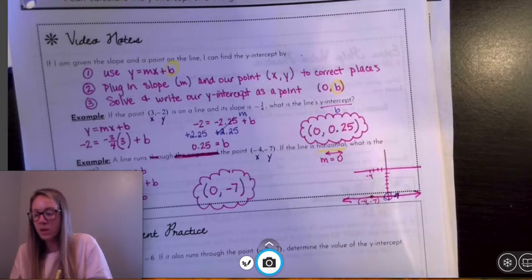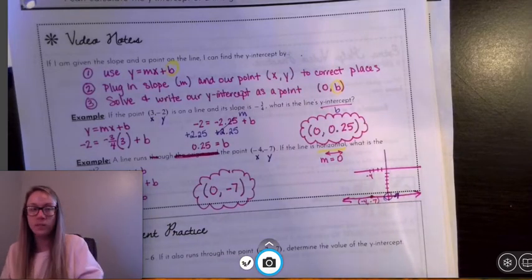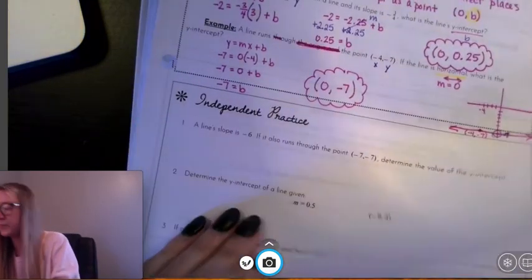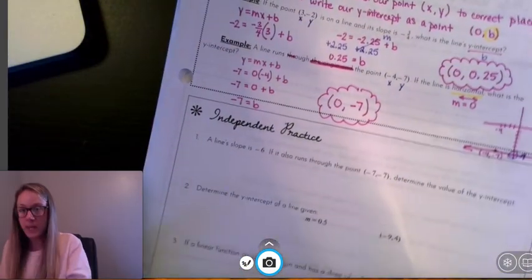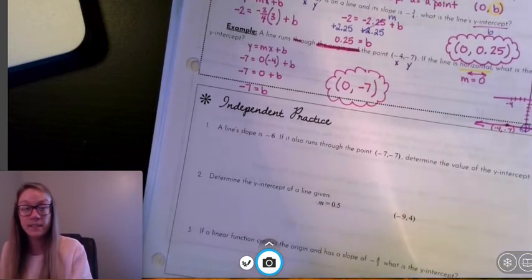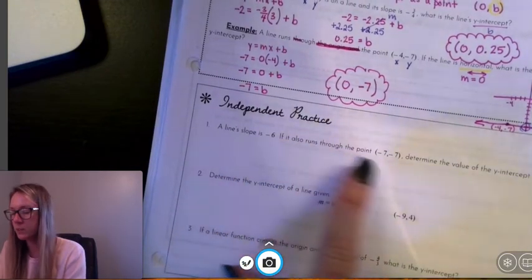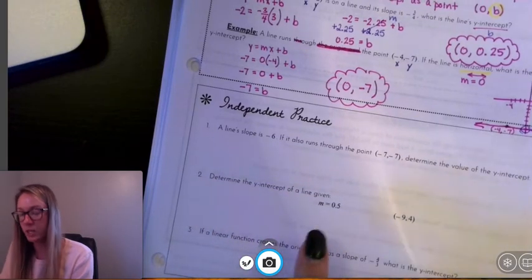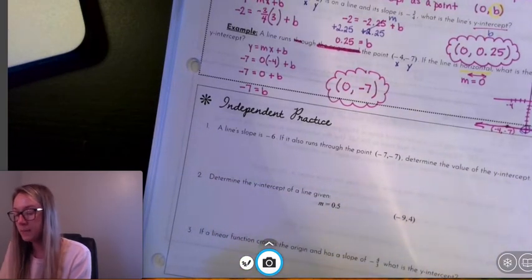So what you guys are going to do is the independent practice right below. Underneath here, there are a couple questions, and then there is one on the back as well. If you notice with these, they are worded a little differently, and that's on purpose. This one says a slope is this and runs to this point. This one says you're given this information and it's labeled as m.